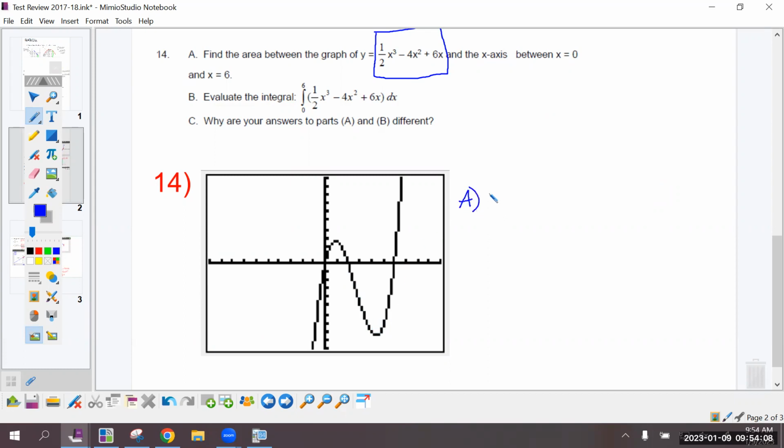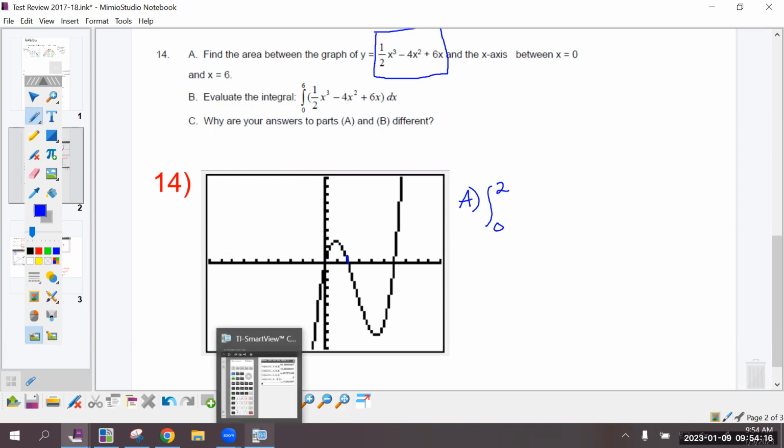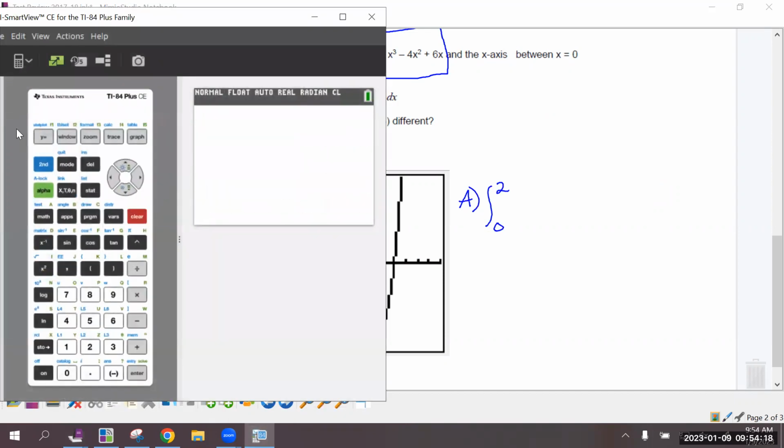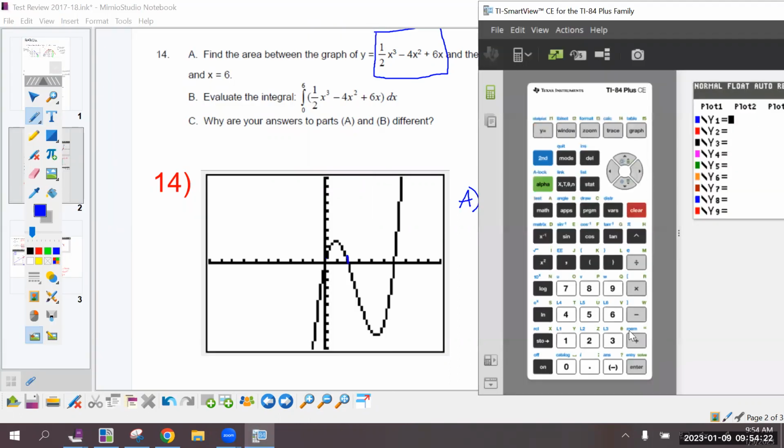So for part A, I'm going to do the integral from 0 to 2. Let me just make sure that's the x-intercept. So let me go through my calculator steps here. In y1, I'm going to put 1/2 x to the third minus 4x squared plus 6x.